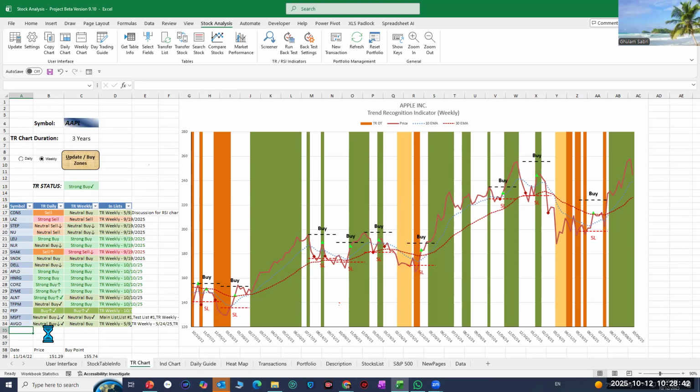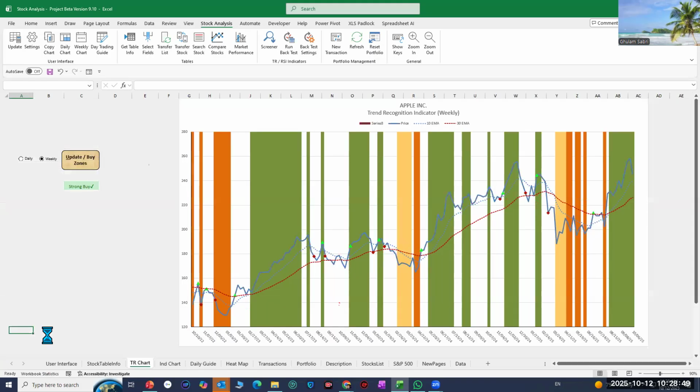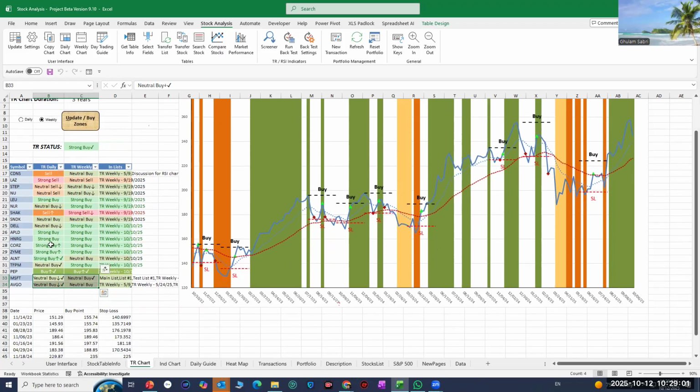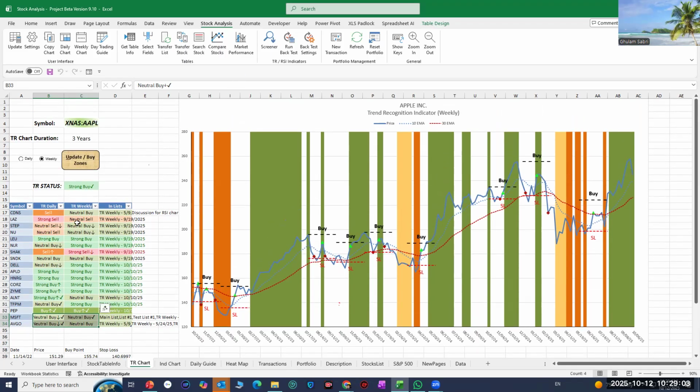And it came back and tells us that Microsoft is a neutral buy, and so is Broadcom, on both the weekly as well as the daily time frame right here. That's how we can use it to prepare our custom screens and custom lists, and then run the screener to update the list and their TR signals accordingly.